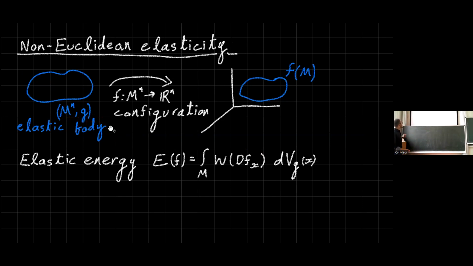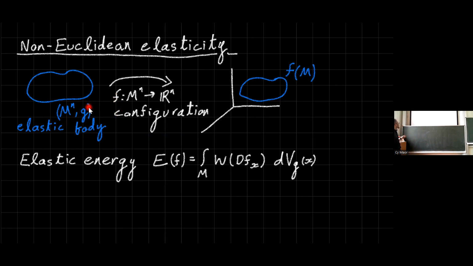I don't care much about topology in this talk, so you can just think of M as being a domain in Rn with some Riemannian metric on the domain, and the Riemannian metric I'll assume to be smooth. Okay, you can talk about rough metrics, but let's focus on the smooth case here.